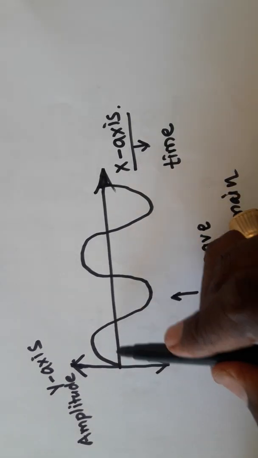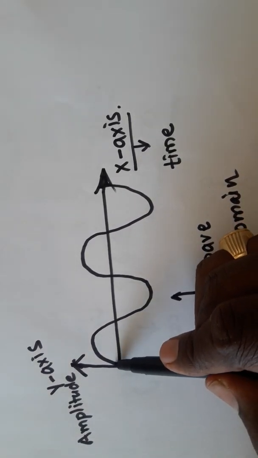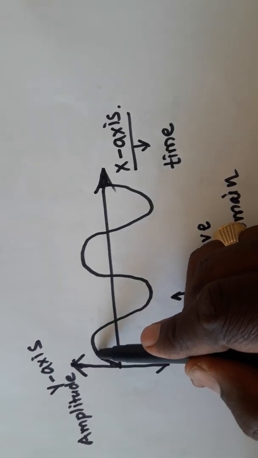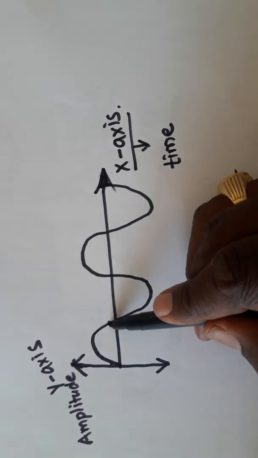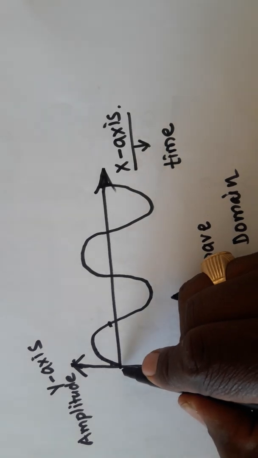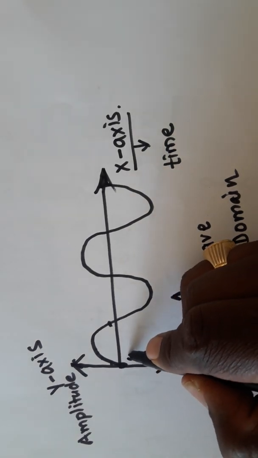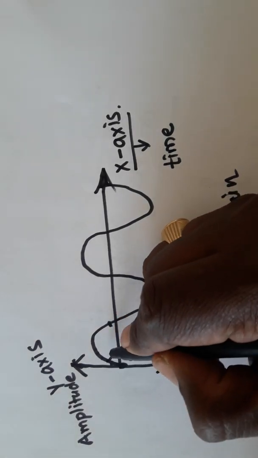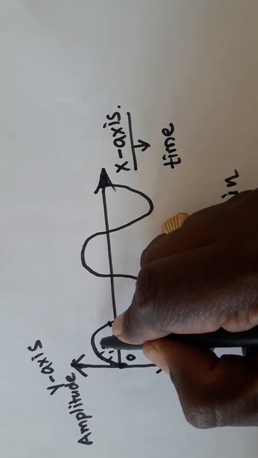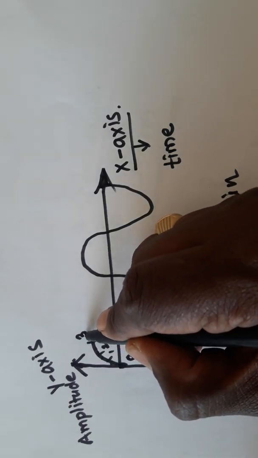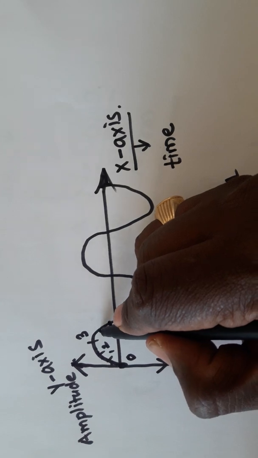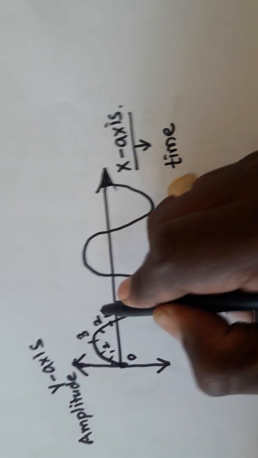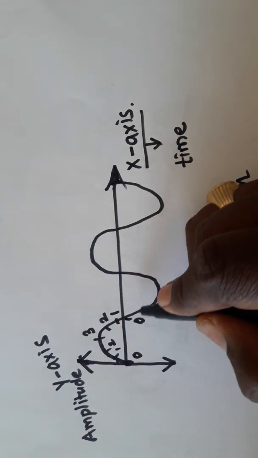Now here we are observing that for every point on this waveform the amplitude is different. At this point the amplitude is 0, at this point the amplitude is 1, here 2, and the peak amplitude is 3, then once again it reduces to 2, 1, and then it becomes 0.